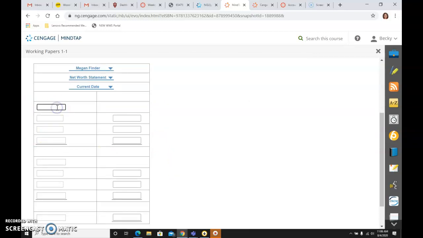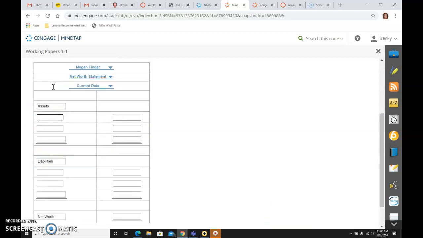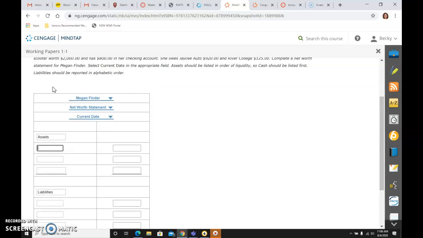And then we know that we are going to do assets, liabilities, to compute net worth. On the assets, it told us most liquid first, so cash would be first, and cash is $800.